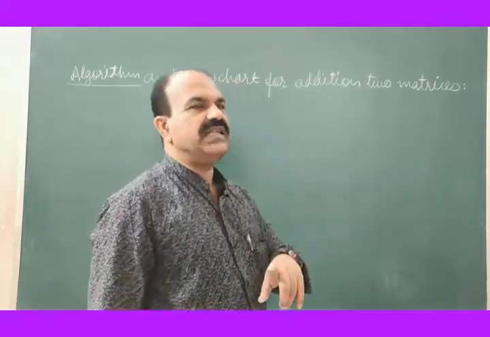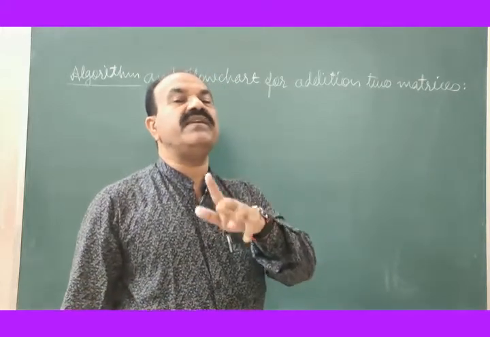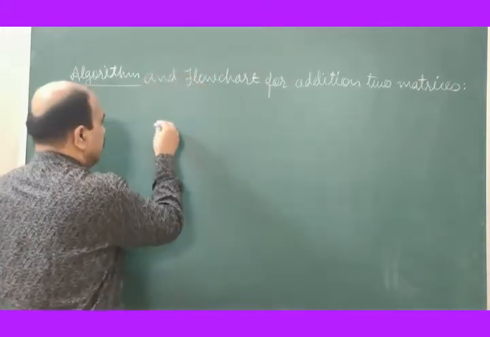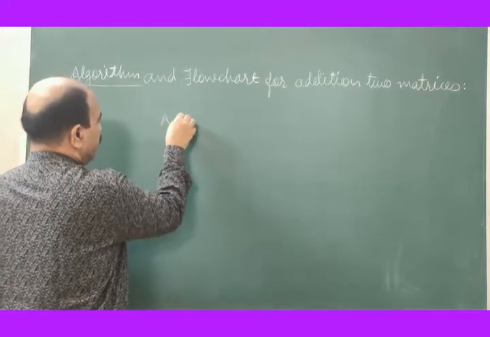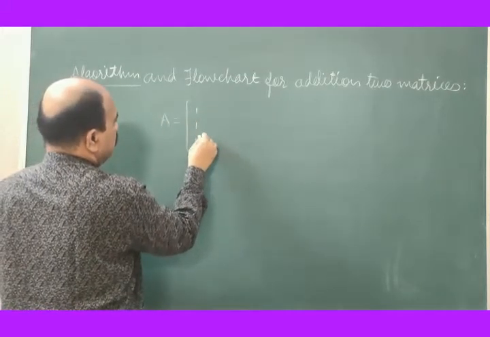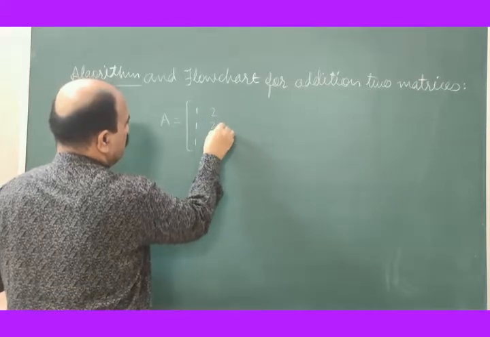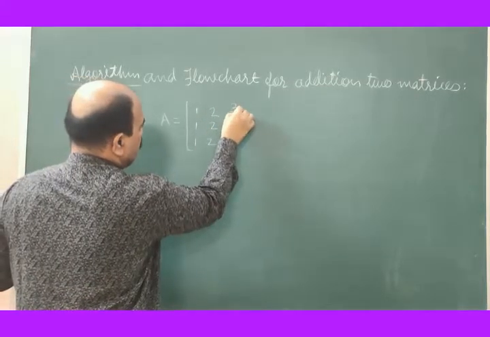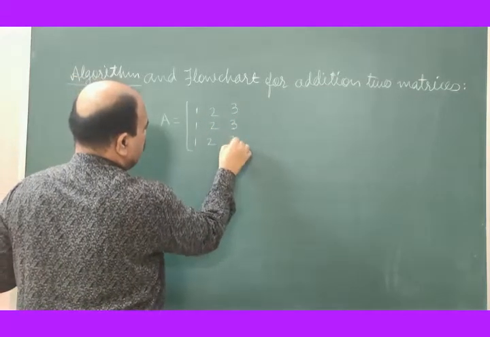For simplicity, let me consider two 3 by 3 matrices. Matrix A: 1 1 1, 2 2 2, 3 3 3.